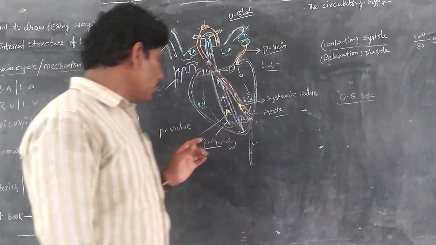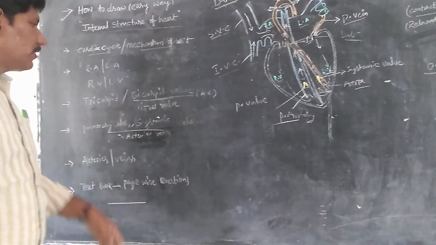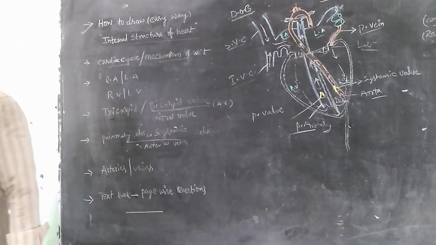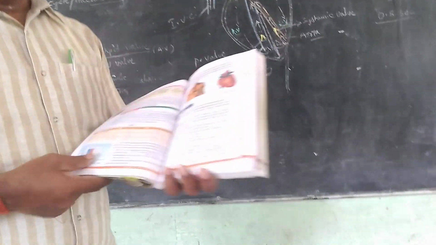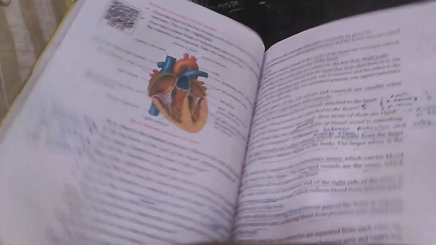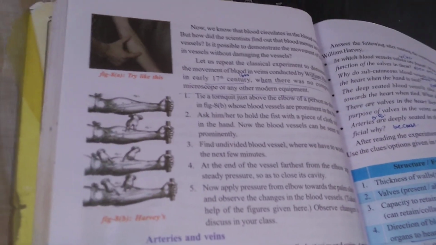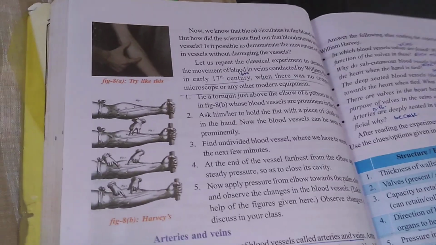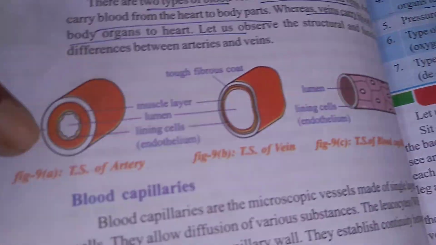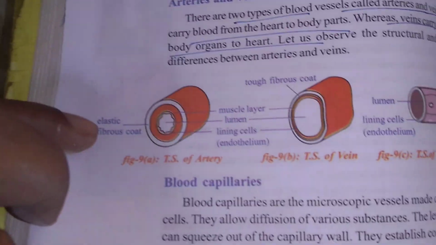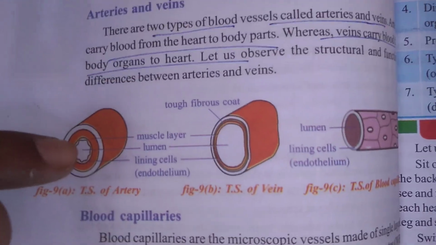What is the difference between arteries and veins from a structural point of view? Now we are going to see the structural and functional differences. This is the structure of an artery. In the transverse section of the artery, it has a thick elastic fibrous coat. Why?